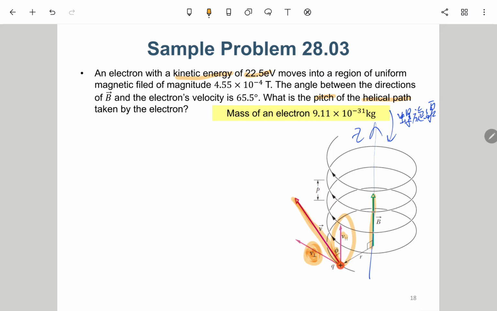So it will become a helix line. If you see it from the top, it is still like a circle, but if you see it from the side, it is just moving upward.